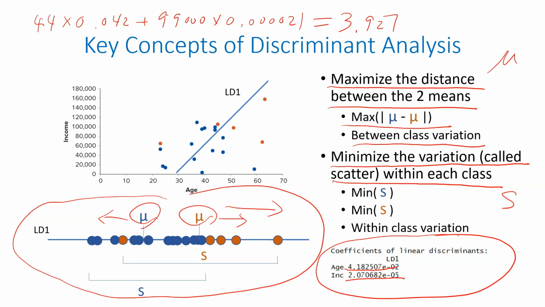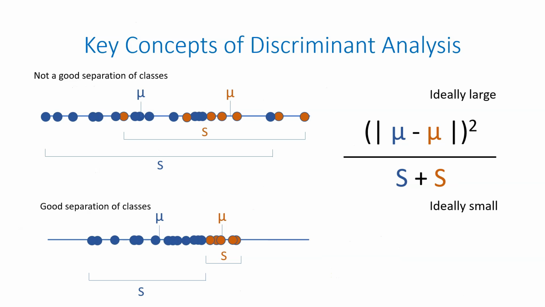And that is how the discriminant functions are derived. A common confusion about how the discriminant functions are derived is that it makes sense to maximize the between-class variation to create good separation between the classes.